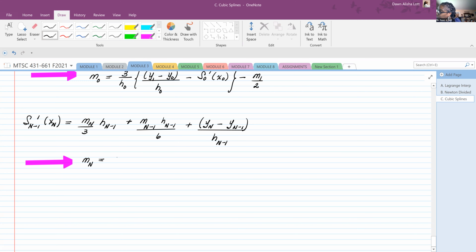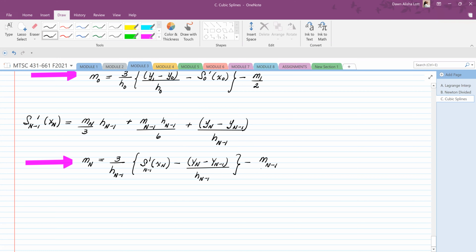So Mn is 3 over Hn minus 1 times the bracket Yn minus Yn minus 1 over Hn minus 1, minus S prime of Xn, and that should be Sn minus 1 prime of Xn, and the bracket minus Mn minus 1 over 2.